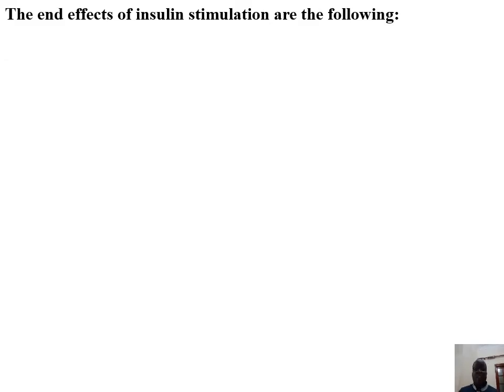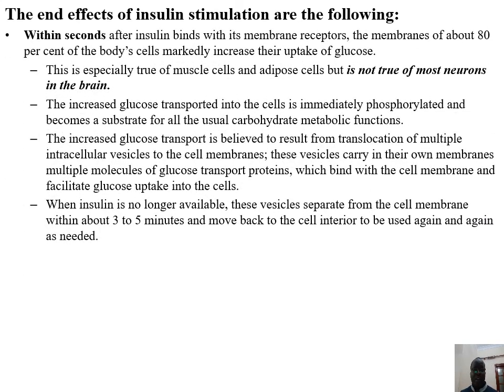Let's look at the effect of insulin stimulation and the end effects of insulin stimulation are as follows. So what are the end effects of insulin stimulation? Within seconds after insulin binds with the membrane receptor, the membranes of about 80% of the body cells might increase their uptake of glucose, which makes sense because now they will have GLUT4 channels that will be used for internalization of glucose.